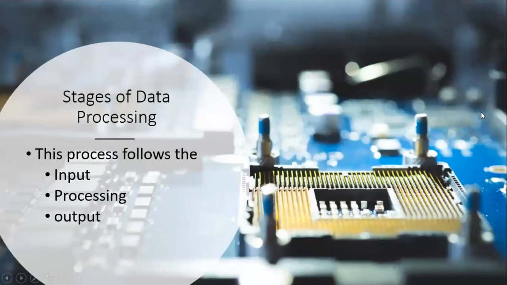These are the stages of data processing. The first one is input. You are to input data. Where does the data come from? What are the documents? It may be in the form of receipts, sales invoice, delivery receipt, or purchase invoice.